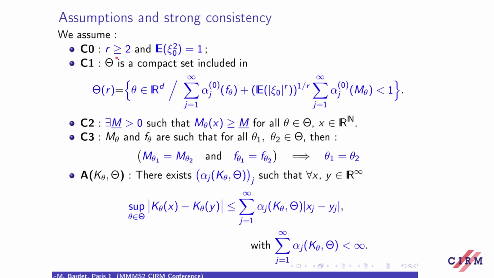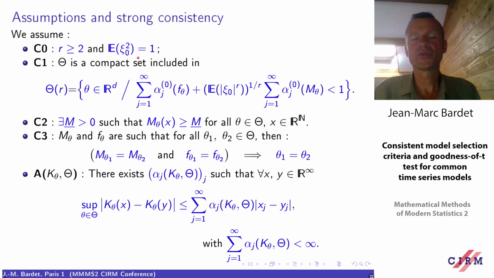First, we assume that r is greater than or equal to 2, and that the second-order moment is equal to 1, to avoid overfitting, an overparameterization condition.